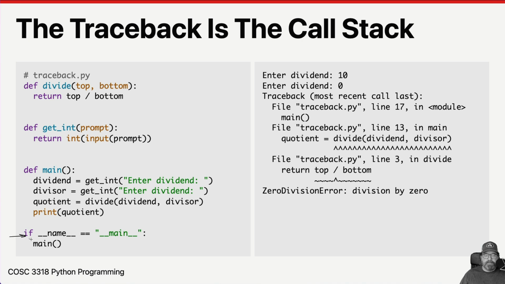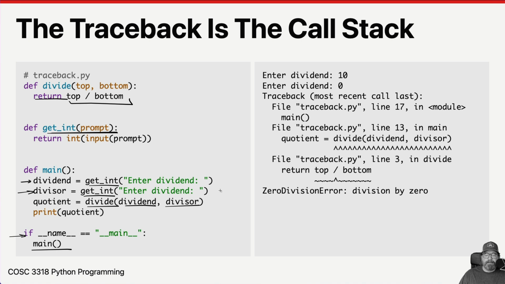We have the if dunder name equals main, that calls main. And then dividend calls get integer, which returns this get integer. And then divisor calls get integer and it returns get integer, and that gets stored in divisor. And then we call this divide method and pass in those two values. And all it does is return the division of those two. Not much of a method.